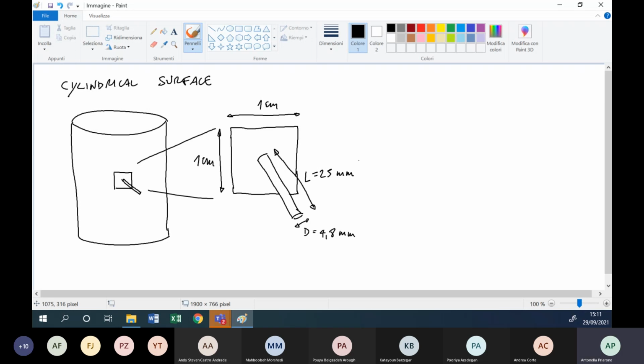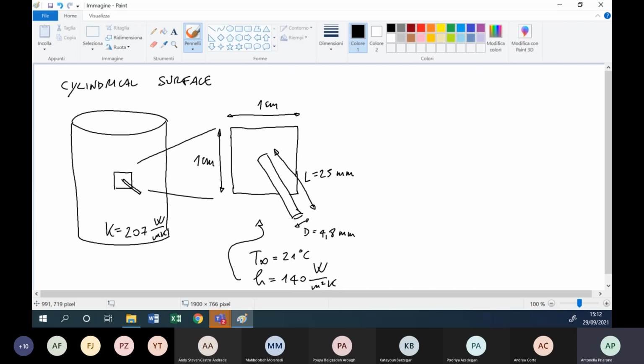I know that the material of the base has a thermal conductivity equal to 207 watt per meter Kelvin. I have an airstream, as usual, with T infinite equal to 21 Celsius degree and h equal to 140 watt per square meter Kelvin.